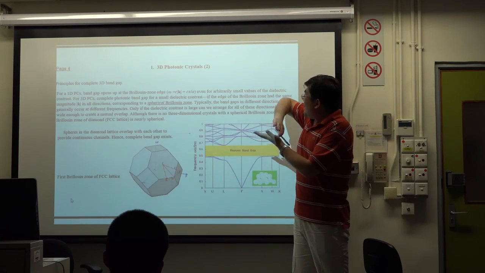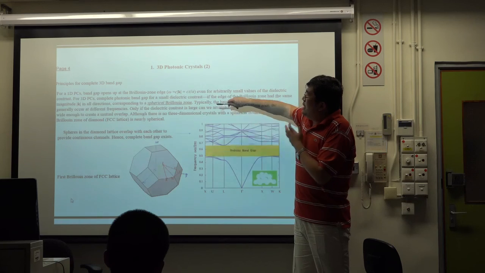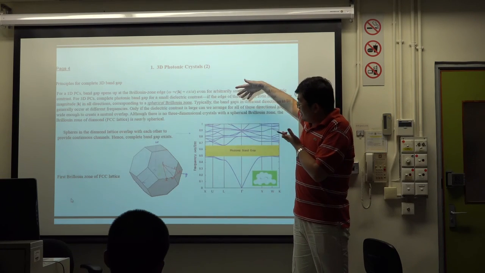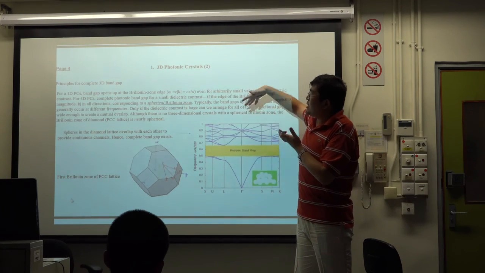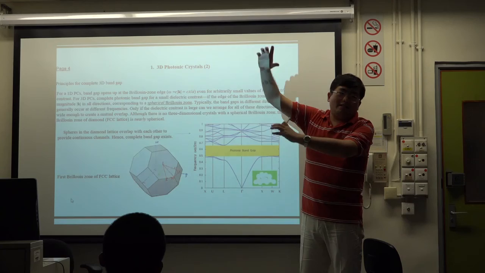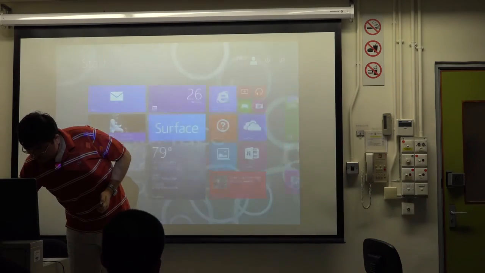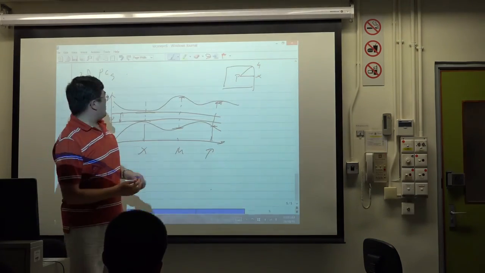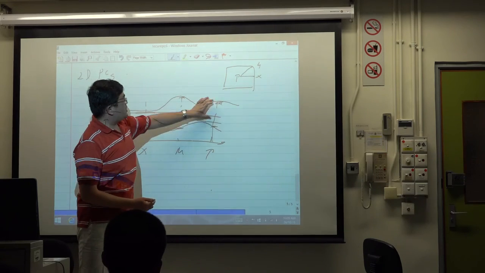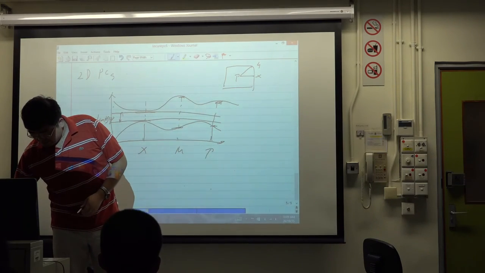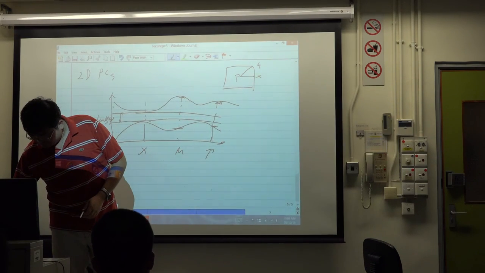But typically the band gap in different directions has different frequency. Just I draw this 2D picture. In different directions, the band gap will shift. So this is the problem.